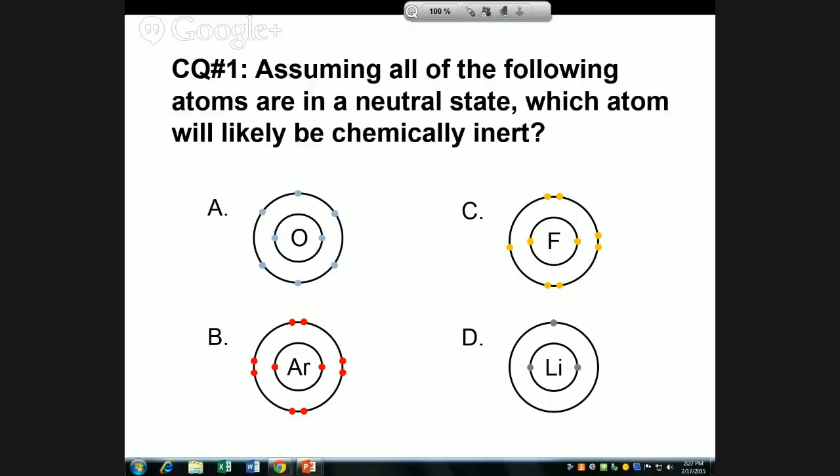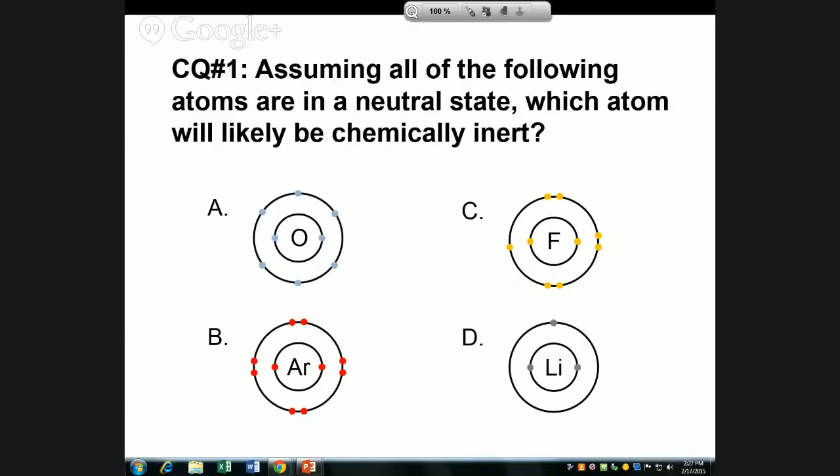The convention for depicting this sort of thing is to put the electrons in pairs. Okay, so it really kind of makes it easy to see with argon that there are 4 pairs there, especially compared to fluorine. That there's 3 pairs and then this 1 lone electron by itself. There needs to be another electron in that position there to complete that.